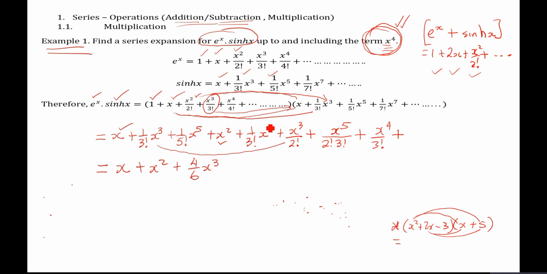Where's the x to the power 4? There's x to the power 4. Here's another x to the power 4. Add those like terms and simplify. I get 1 over 3 x to the power 4. They didn't need x to the power 5, and I will stop right there. There's your series multiplication.